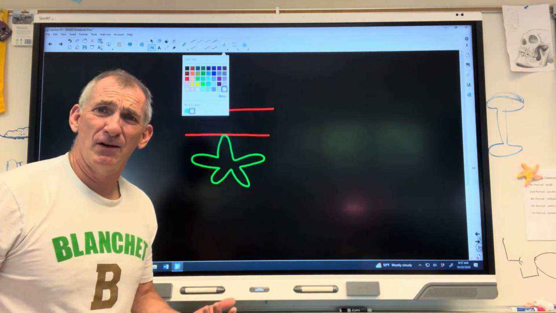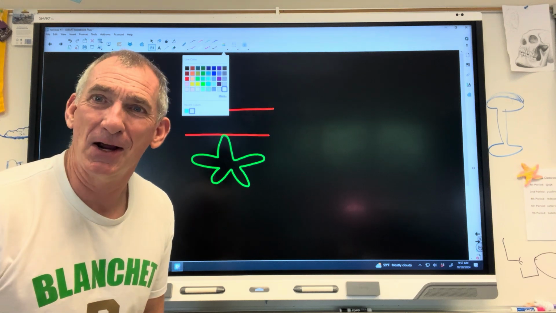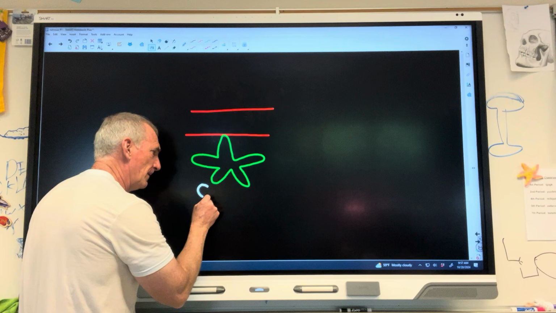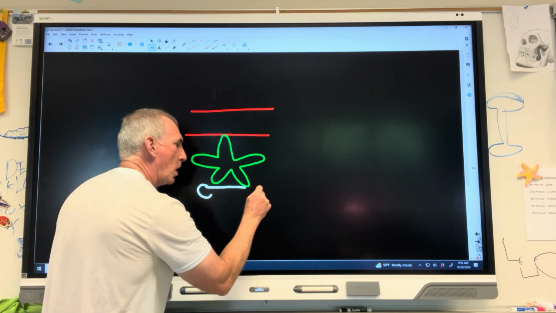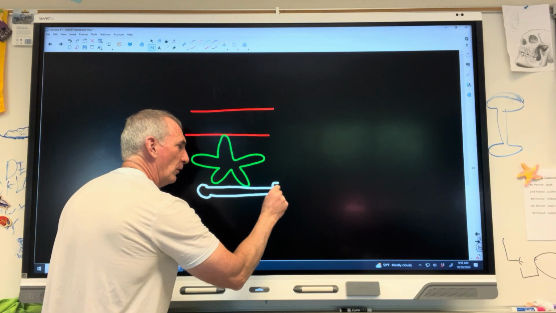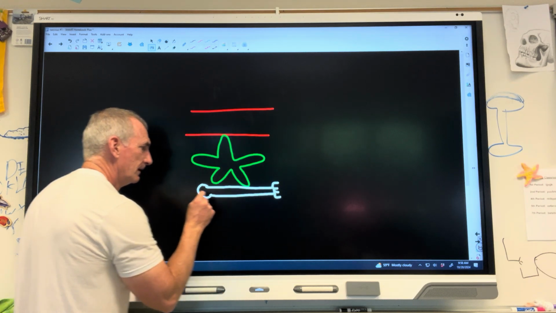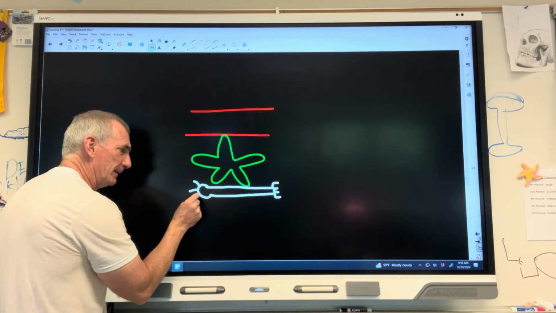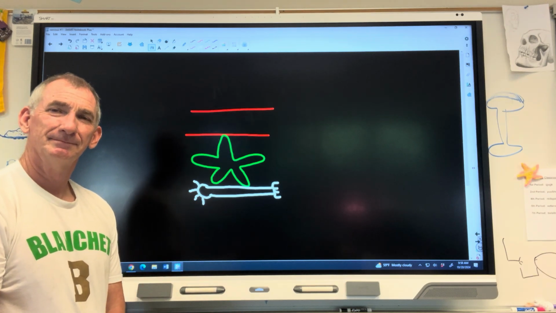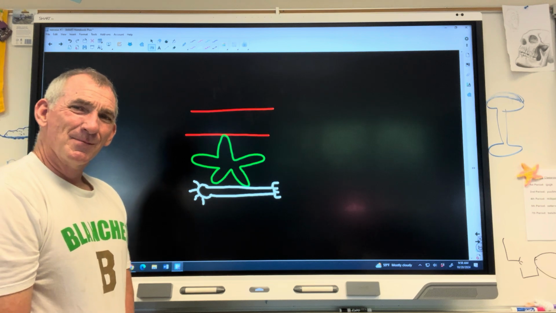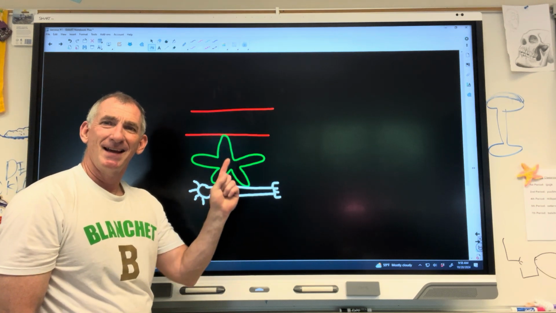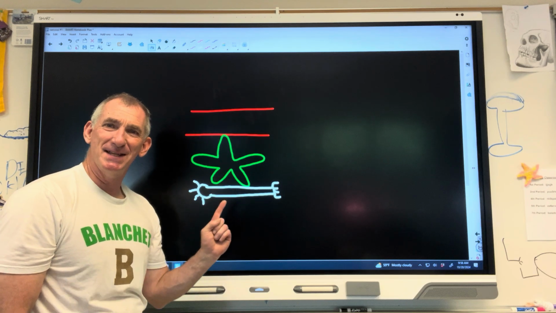You only know how to draw a neuron if you've taken psychology. A neuron looks like this. There's a circle, there's a big, long tail. On the end of the tail, it forks like this. Then there's these hairs that are up here. There's the blood vessel, there's the astrocyte, and this is the neuron.